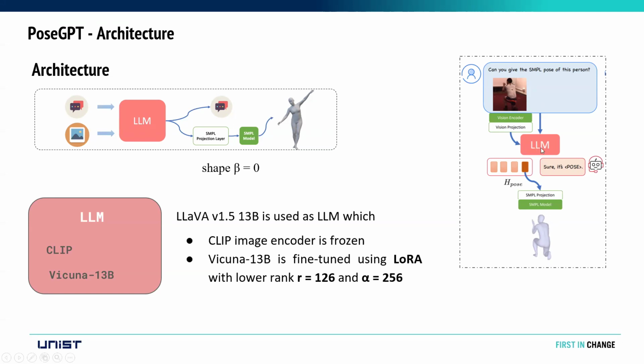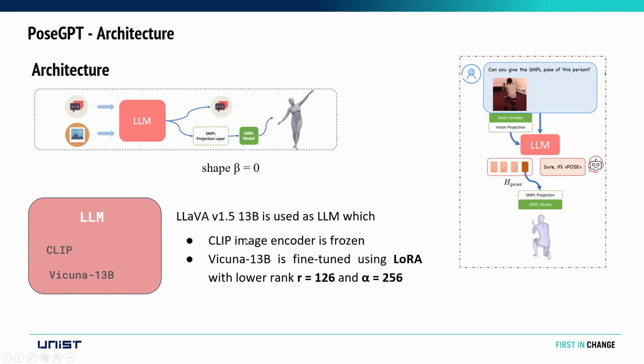For the large language model, they are using LLaVA version 1.5 with 13 billion parameters, where the CLIP image encoder is frozen, and they use Vicuna 13 billion parameters for the large language model.